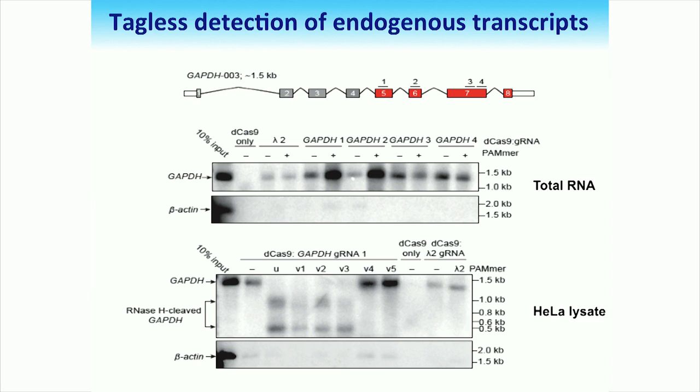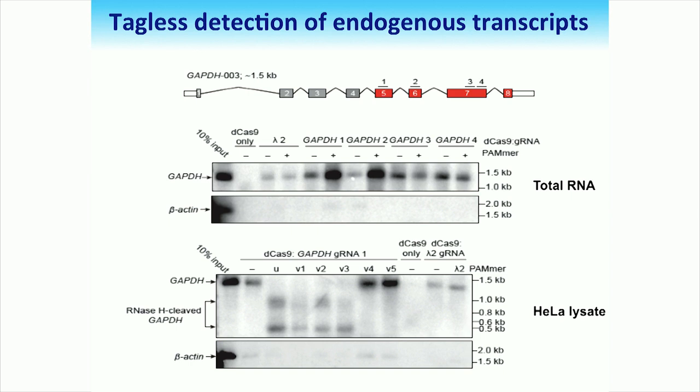Then to ramp it up a level, we asked, can we do this in just cellular lysate that would have all the proteins and other things around? Initially, when we used early versions of the PAMmer, although we could get recovery of the transcript, we also got cleavage. This turned out to be due not to anything Cas9 was doing, but to RNase H activity, which will cut an RNA-DNA hybrid and is present in these lysates.